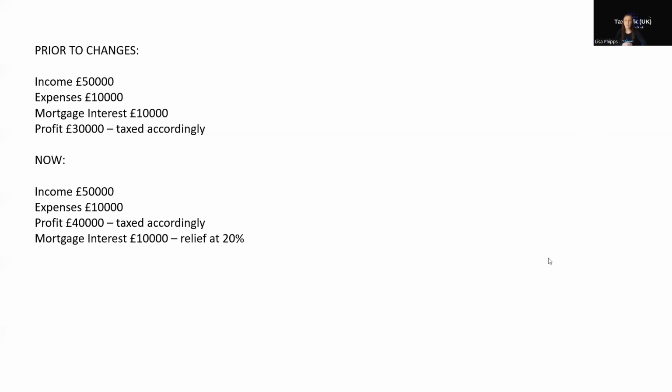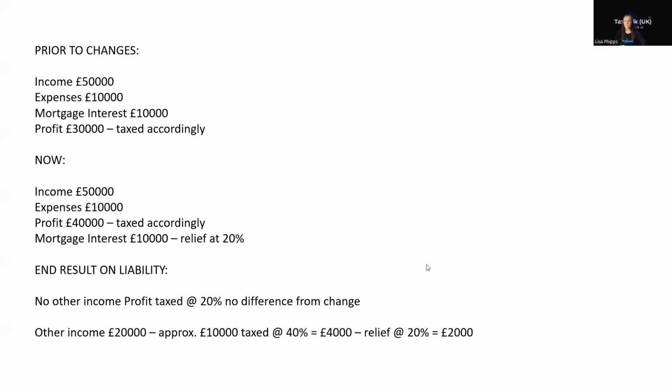And then you get tax relief on the mortgage interest of £10,000 at 20%, regardless of what you were taxed on your profit. So here you start to see how the difference impacts us.